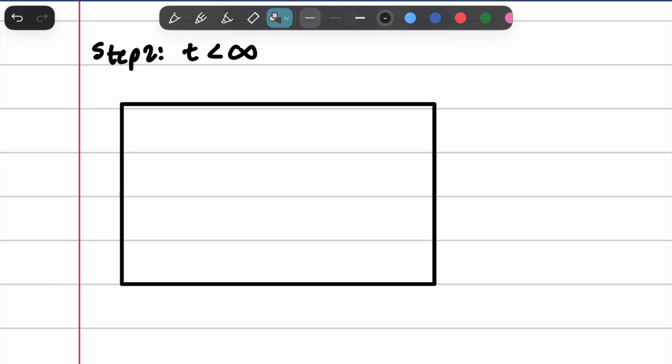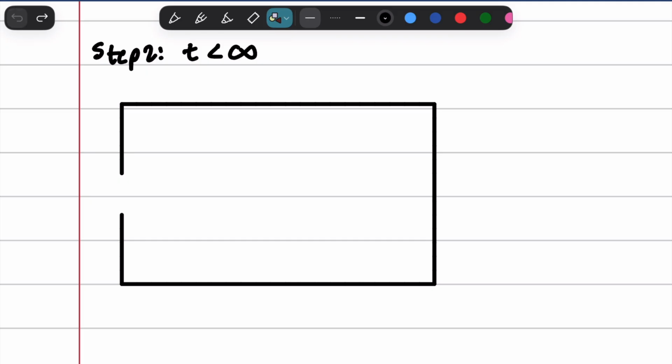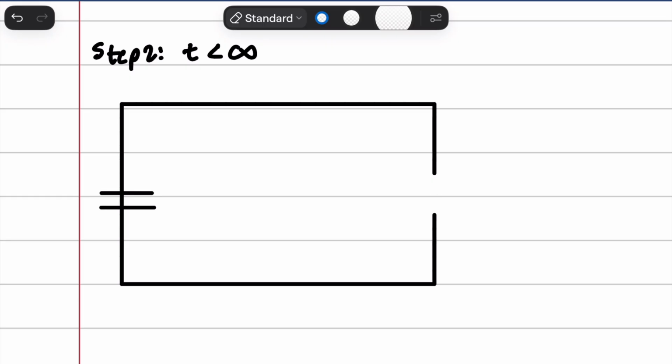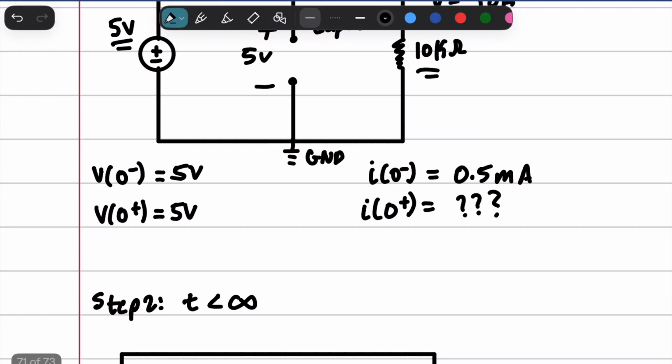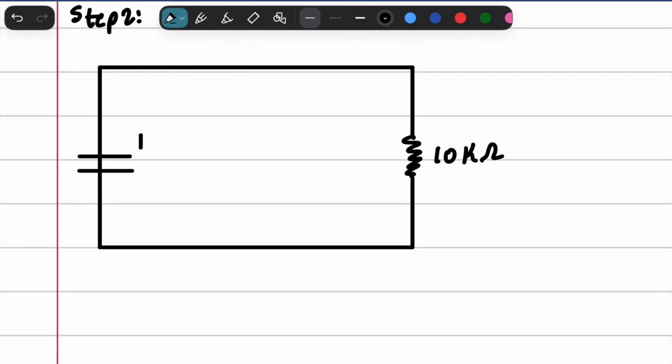And so our circuit will simply be a capacitor and the resistor. And I forgot what it was. 10 microfarads? Yep, 10 microfarads.